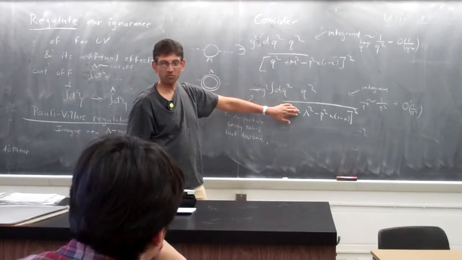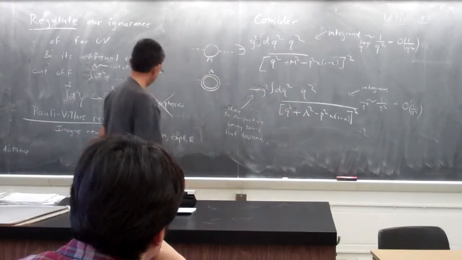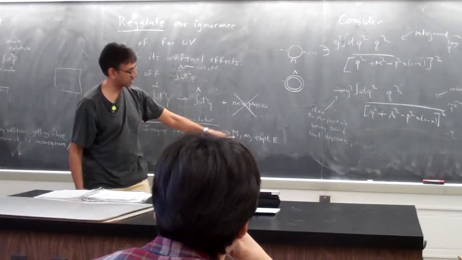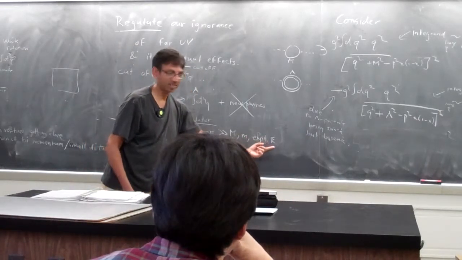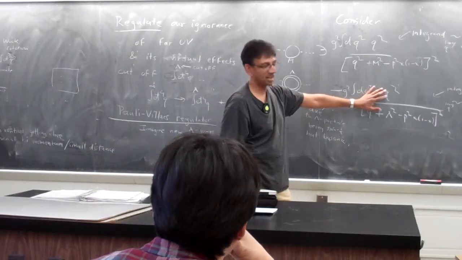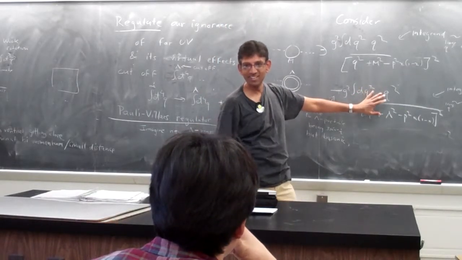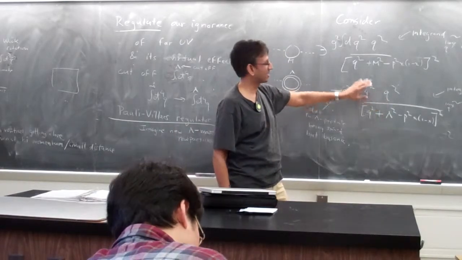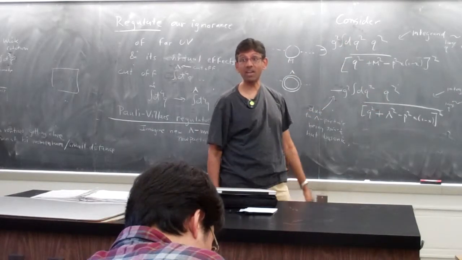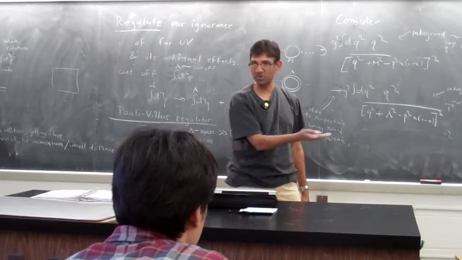Okay? So for small momenta compared to m, namely all these momenta, this is actually a negligible contribution. If lambda is incredibly high, this is a negligible contribution. It's only having the effect of cutting off the ultraviolet part of the integral in some sort of soft way rather than as a step function.